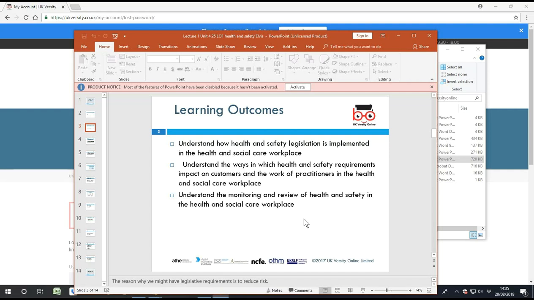For instance, if a wheelchair user is admitted into a care home, there's a need to assess the needs of the patient and the environment in which the person is coming. So there is constant need to monitor and review all health and safety issues.